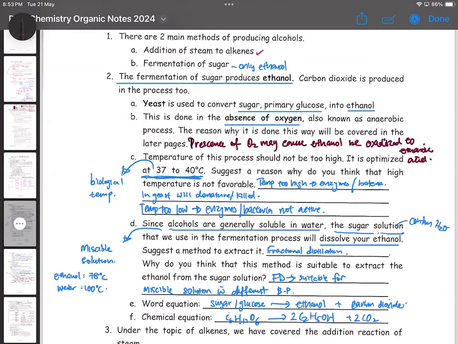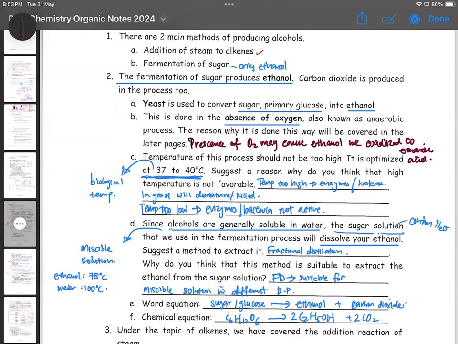Okay, so as mentioned, we do not want oxygen because it may cause your ethanol to oxidize. One of the things we use ethanol for is as a beverage, which is all the alcoholic drinks.